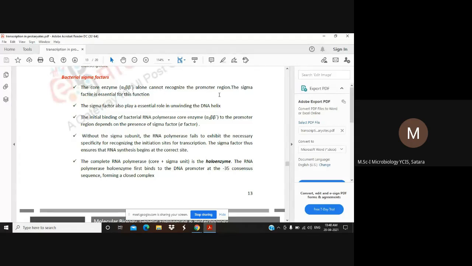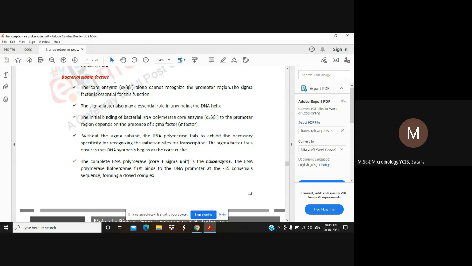Alone it cannot recognize the promoter region. What is the promoter region? The region where RNA polymerase enzyme binds. It is called a promoter region, and it is the region from where the transcription starts. It is the transcription start site. Okay. What is a promoter? It is the transcription start site, and it is the region where RNA polymerase enzyme binds. So core enzyme.